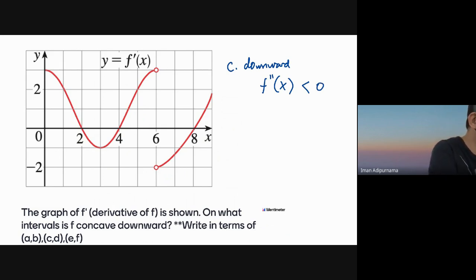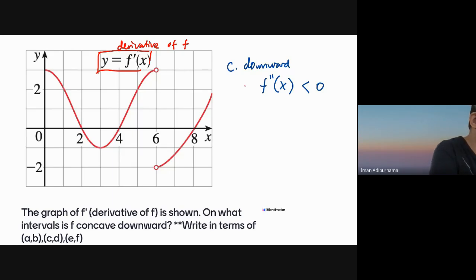But remember, we have f prime, the derivative. So what we observe is the second derivative, which is the slope of f prime.